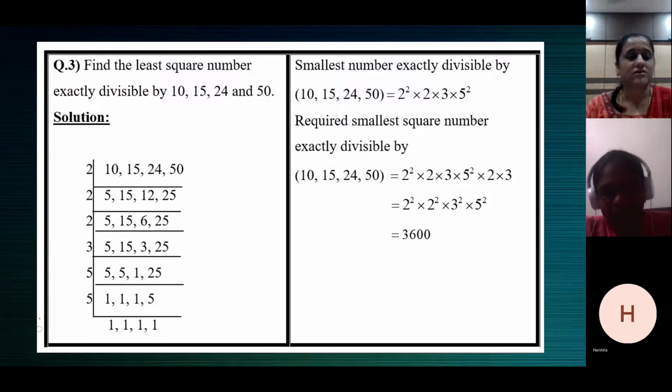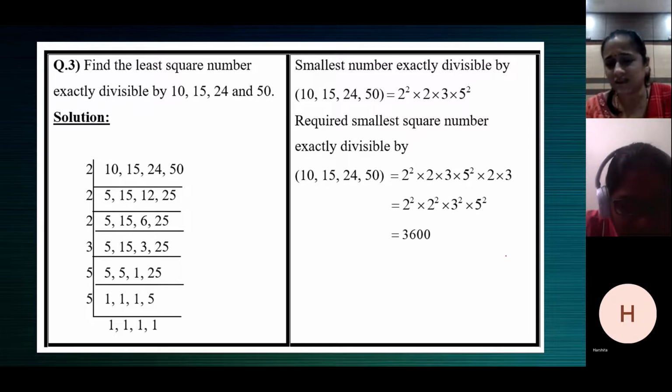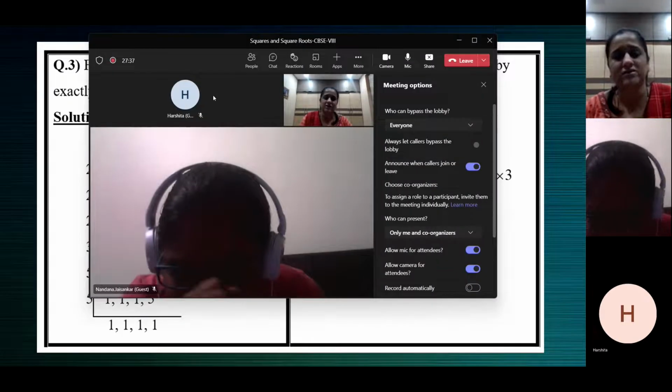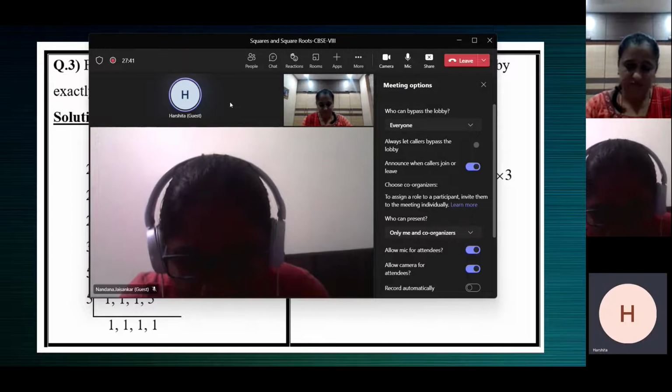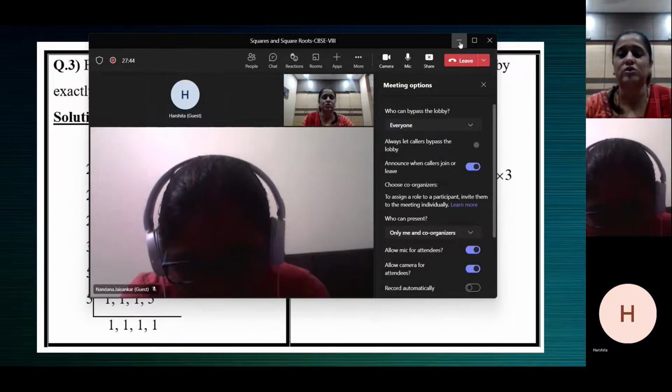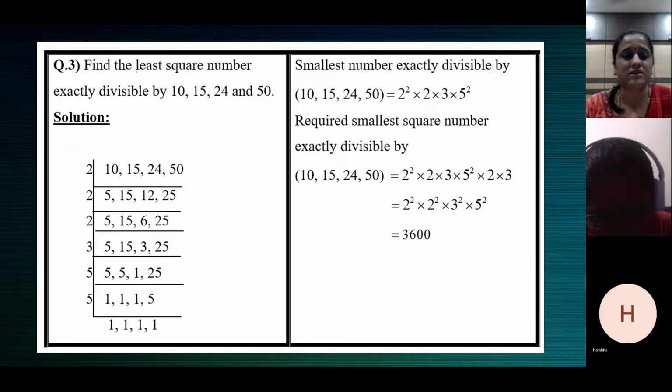Yes, this is an important question. Find the least square number. Last class we did this. Harshita, did you take the last class? Yes, ma'am. We did this in the last class. I told the least number is the LCM. We have to find the least square number.